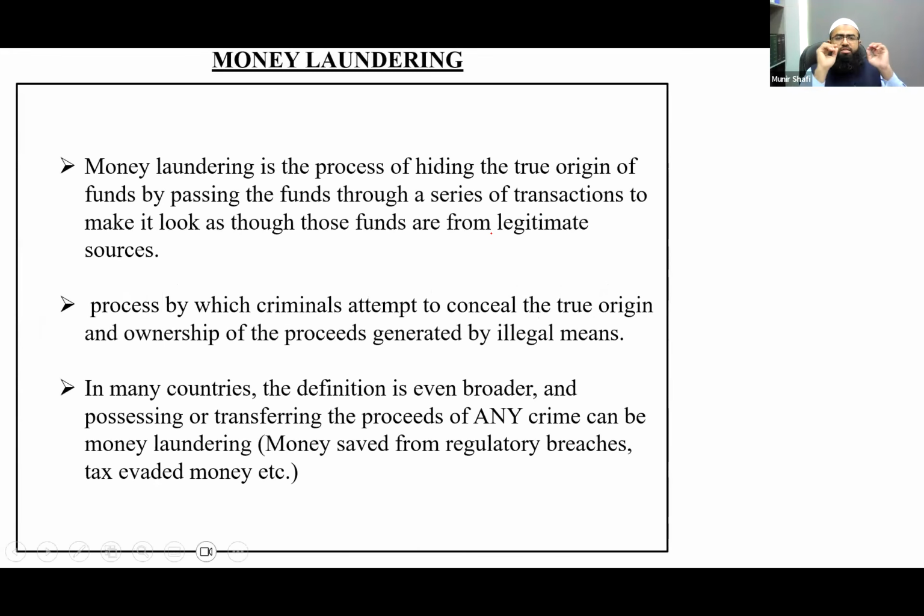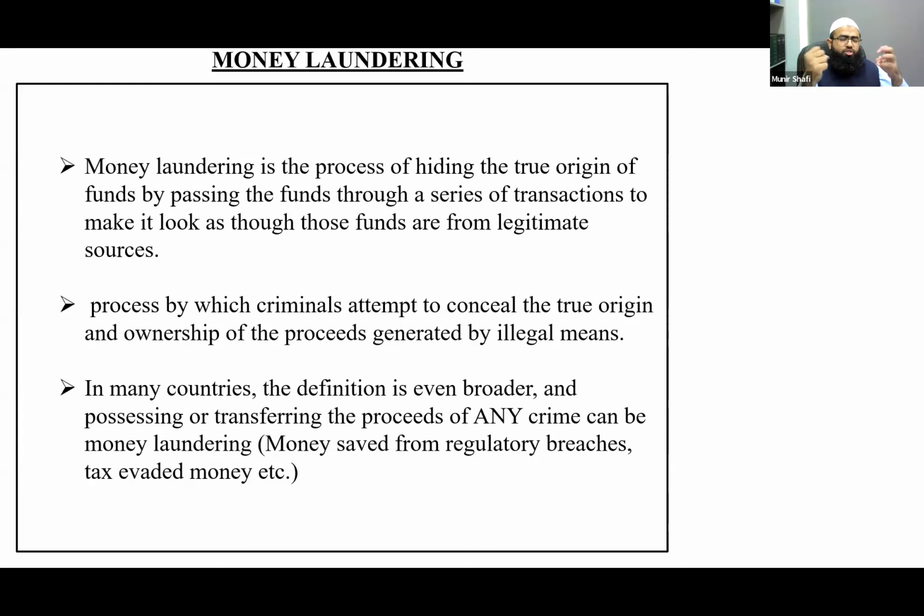So money laundering is the process of hiding the true origin of funds by passing the funds through a series of transactions to make it look as if it came through legitimate sources. What does that mean? You have some funds, and those funds have not been earned legitimately.